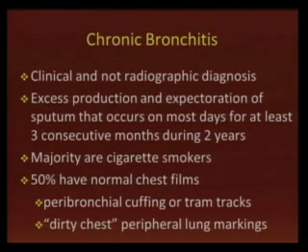If we perform an X-ray in this patient, probably 50% of them have a normal chest X-ray. In the other percentage, we will see peribronchial thickening, or we can see some pulmonary markings in the periphery of the lungs, mimicking some interstitial lung disease.